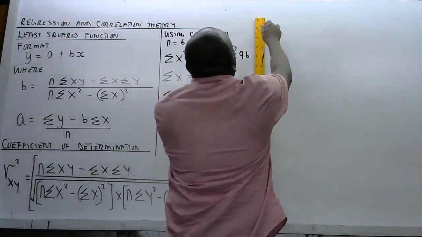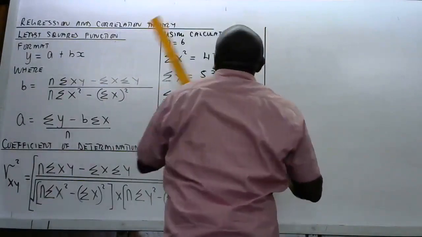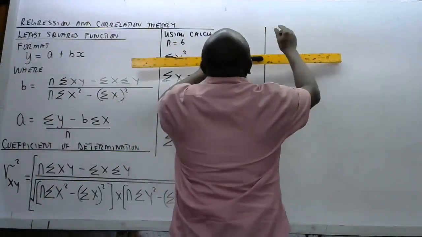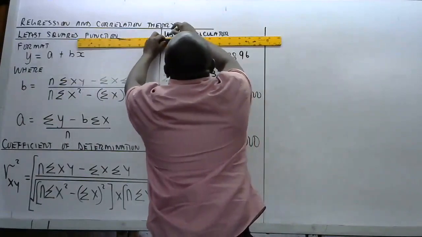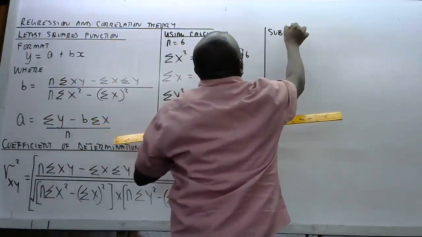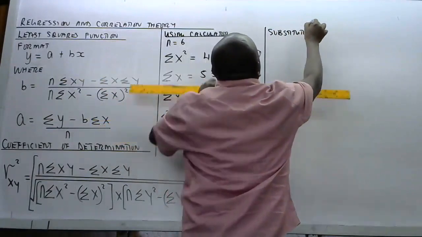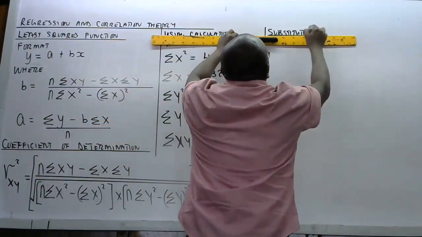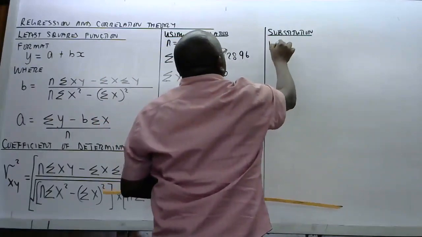Then after the second step, where we get the data, the third step is substitution. Now, in the substitution, we start with b.